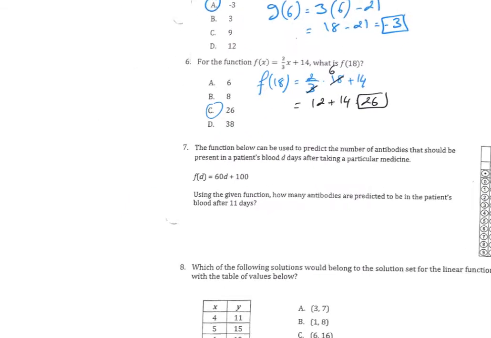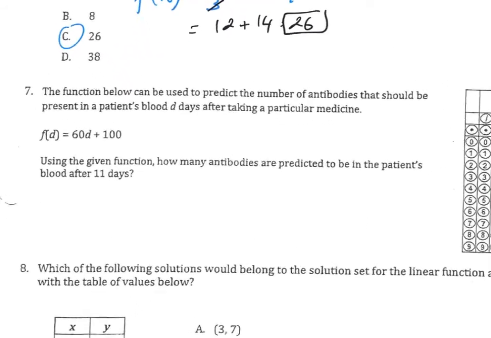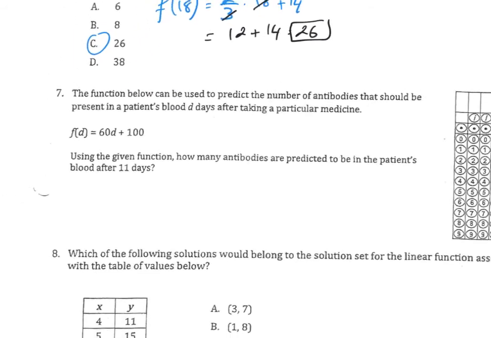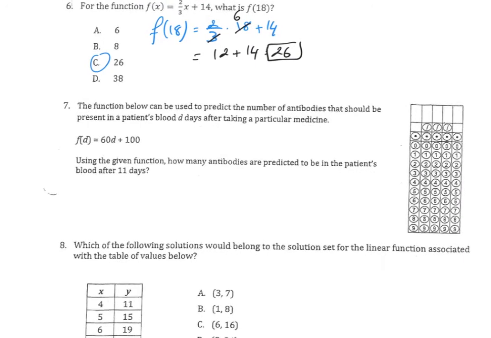All right, so for question number 7, the function below can be used to predict the number of antibodies that should be present in a patient's blood, D for days, after taking a particular medicine. The function is f(D) equals 60D plus 100. Using the given function, how many antibodies are predicted to be in the patient's blood after 11 days?